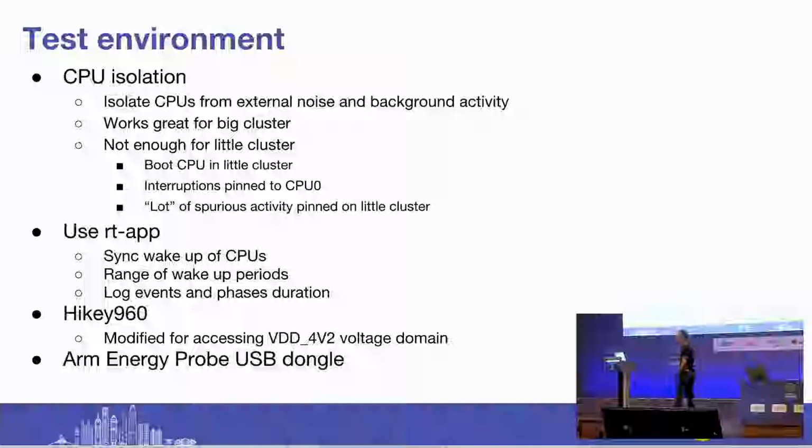We are using an ARM energy probe, which is a USB dongle that enables you to make power consumption measurements on three channels simultaneously. We chose this dongle just because it was available in the team. There is no other reason than that, so you can use almost any other kind of energy measurement device.